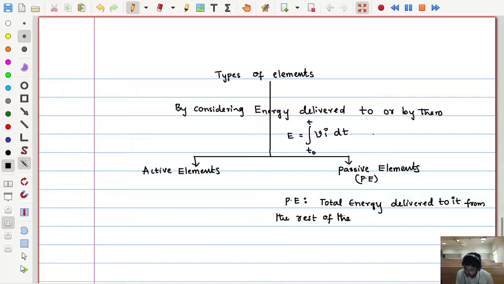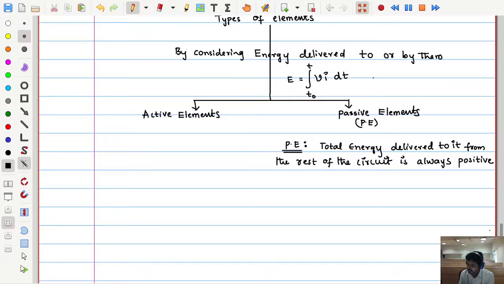I will show the pictorial representation of this also. This is very important. So when we call an element a passive element, it is that the total energy delivered to it from the rest of the circuit is always positive.